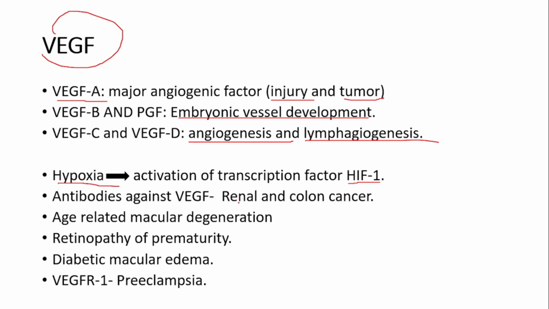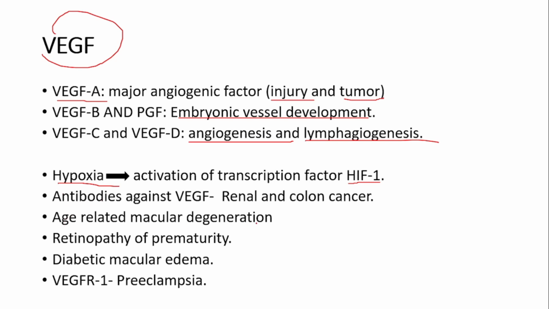Antibodies against VEGF are used in renal and colon cancers, where they require angiogenesis for growth, development as well as metastasis of the cancer. So if we treat this with anti-VEGF, then we can reduce the tumor burden, and metastasis can also be reduced to some extent.